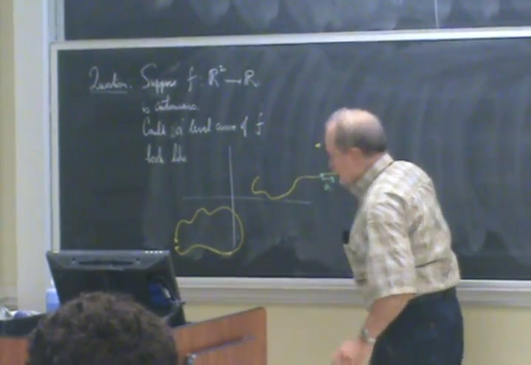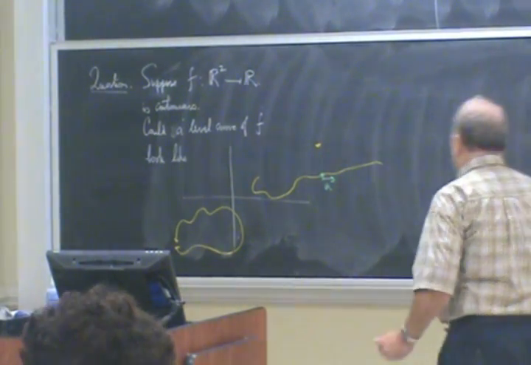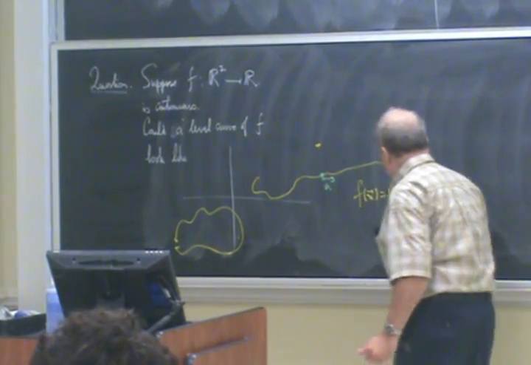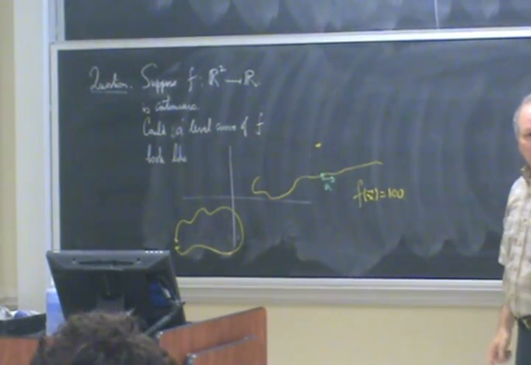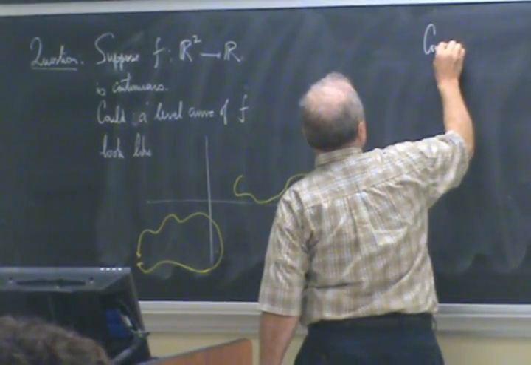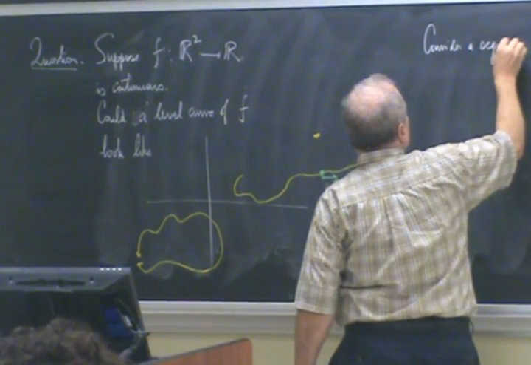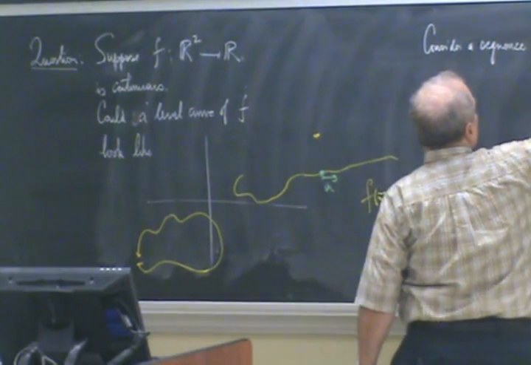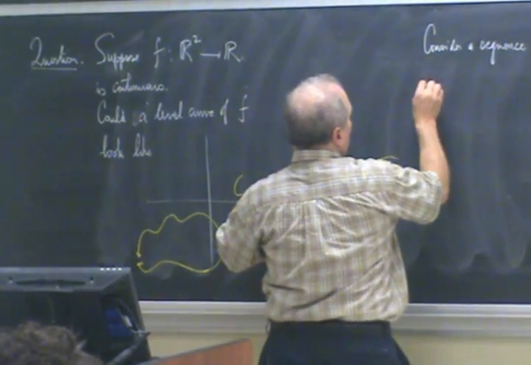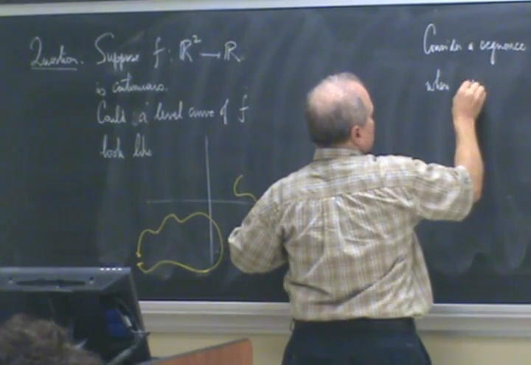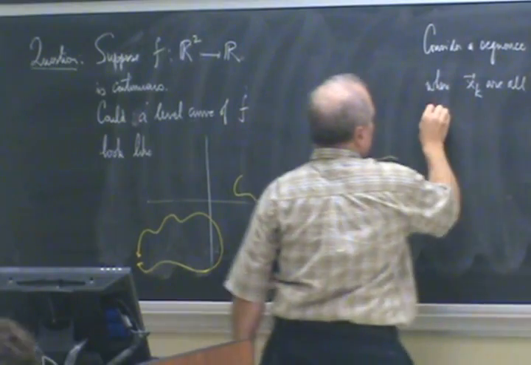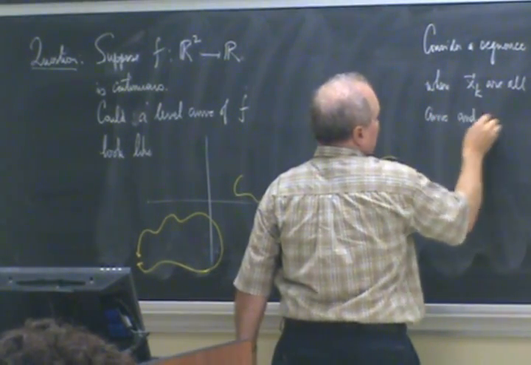So suppose that on this yellow curve that I drew here, this was the level curve where f of x was equal to 100. All on the yellow curve. And I believe Sammy's suggestion was, consider a sequence of points xk converging to A, where the xk's are all in the level curve, and A is not.